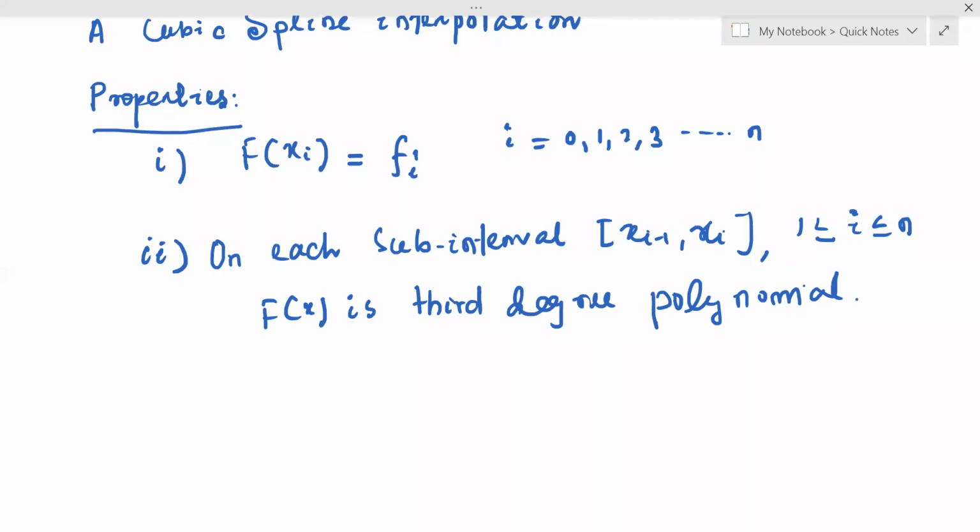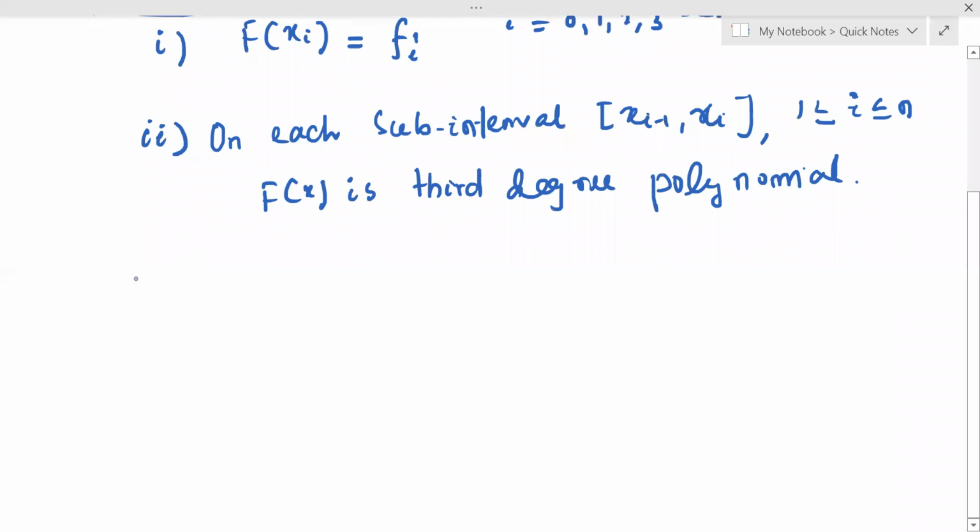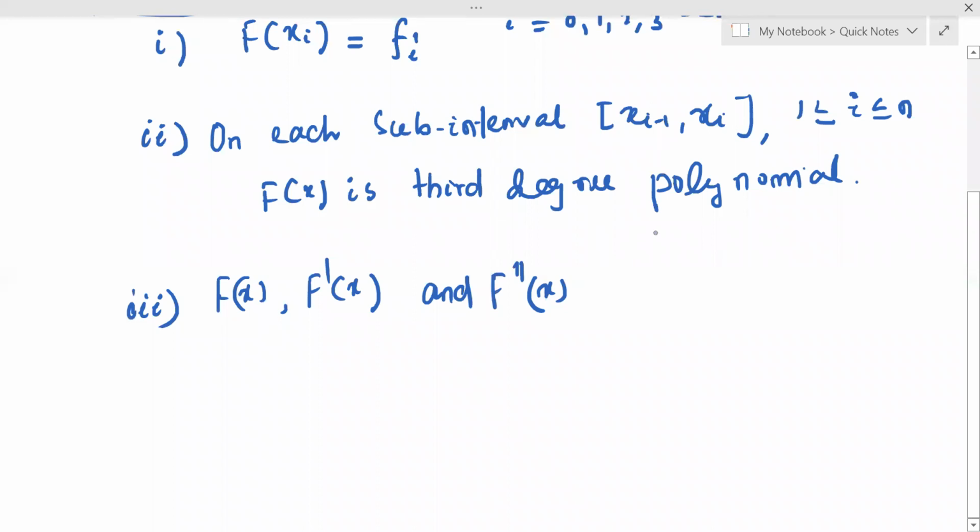Third point: capital Fx, f dash x, and f double dash x are continuous on AB.